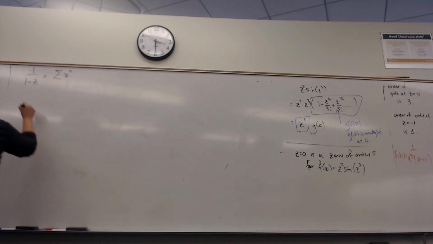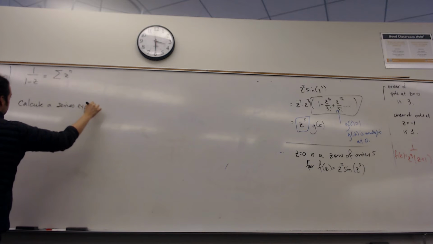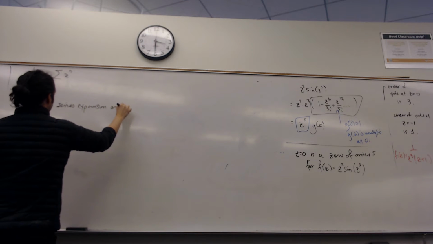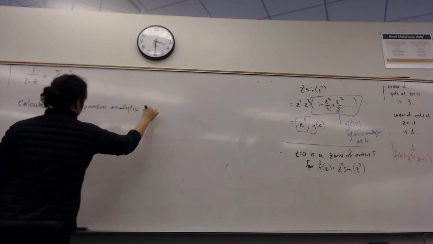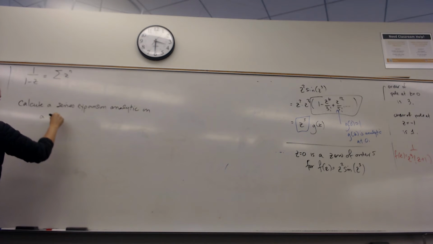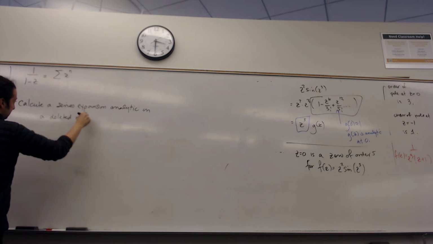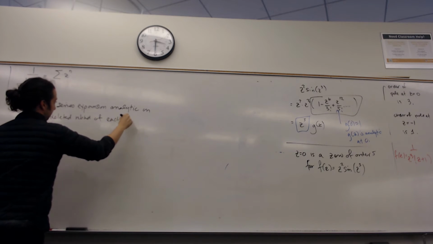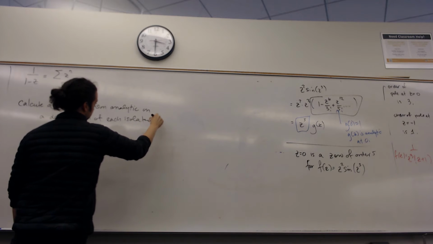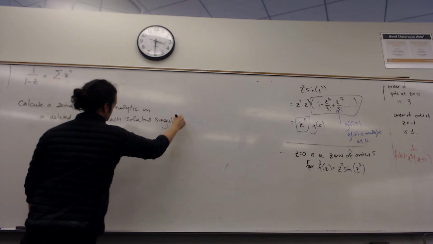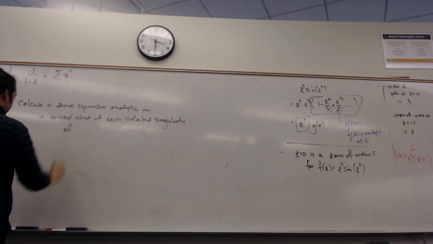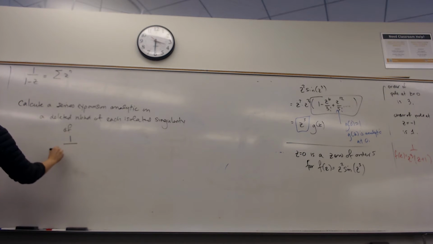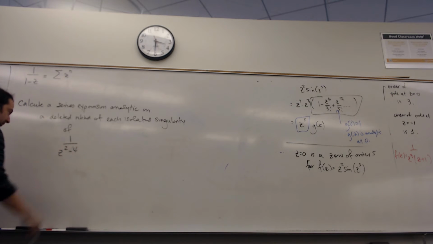So, calculate a series expansion, analytic on a deleted neighborhood of each isolated singularity of, what's a nice one to start with? How about 1 over z squared minus 4.